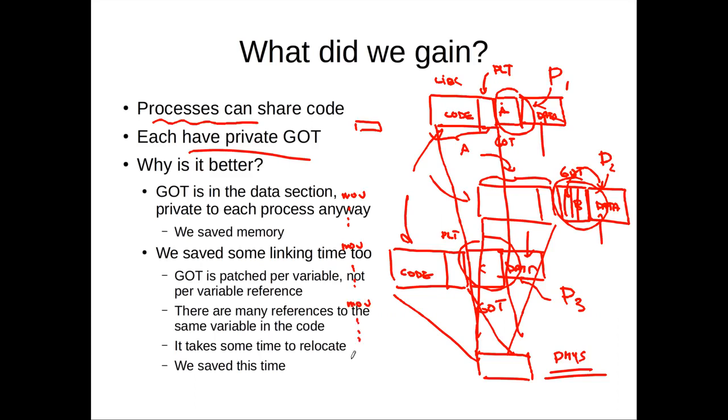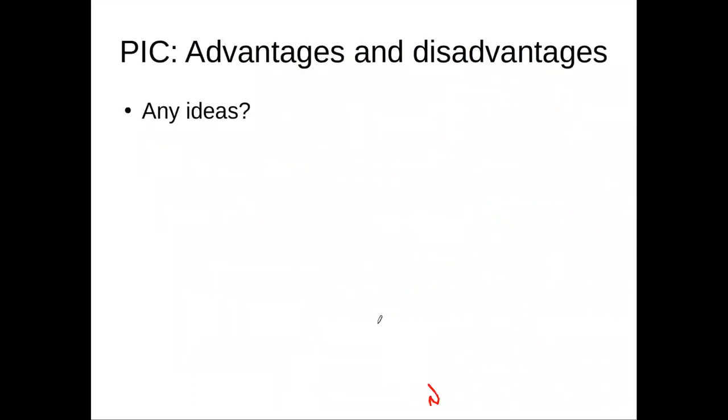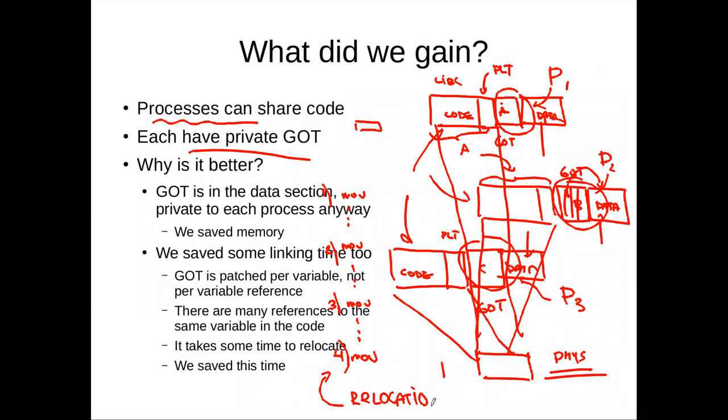Previously, when we were doing relocation, all these instances had to be patched, they had to be changed. But now we change only once, in the GOT. We don't have to change all of that, so it speeds up linking a little bit.